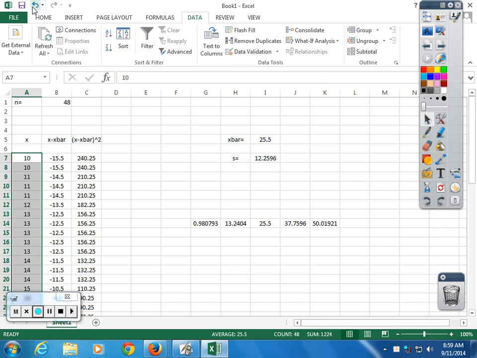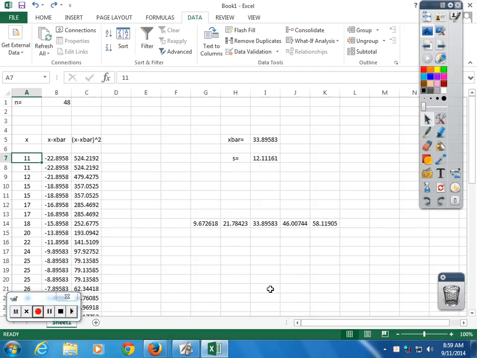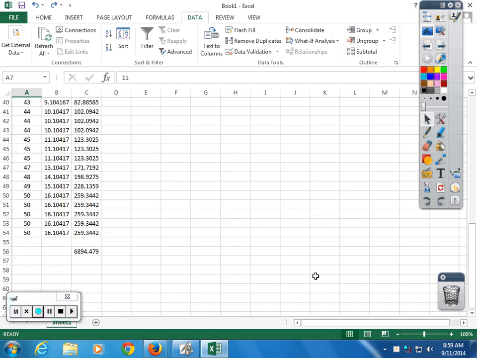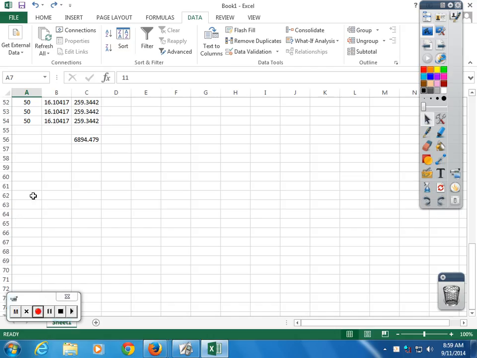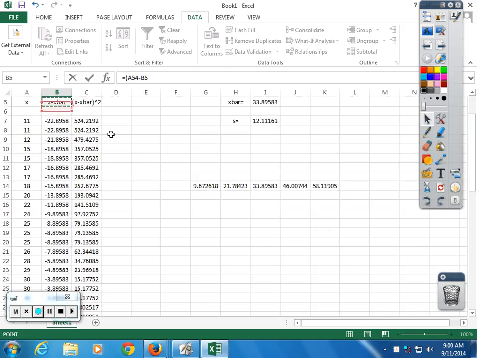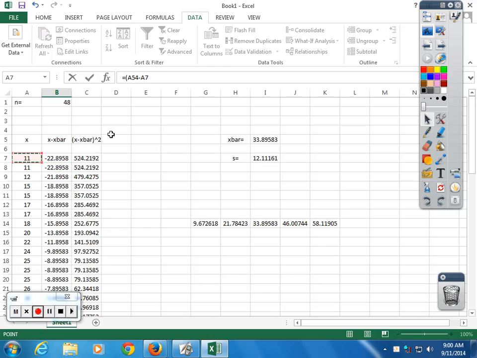Now let's go back to the original problem we had. Now let's do our class widths. Our N is equal to, what did we say it was? 48? Is that what y'all said? 48? Okay, that's the only thing we know. We got to get a class width. Class width is going to be equal to, parentheses, the highest minus the lowest.